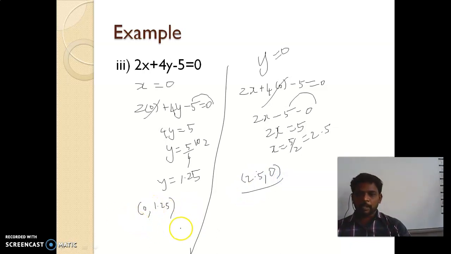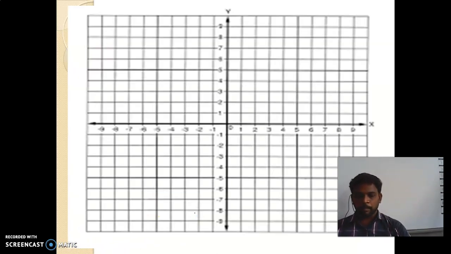Okay, now I am going to plot these points on the graph. First one is (0, 1.25). 0 is here and 1 is here. 1.25 you can approximately take as 1.3, so it may be here. That is an approximate value only, not exact. So (0, 1.25).